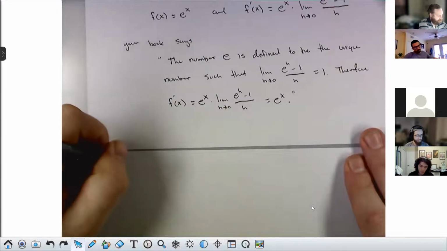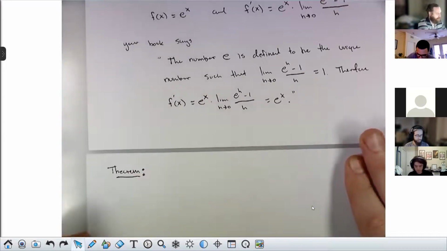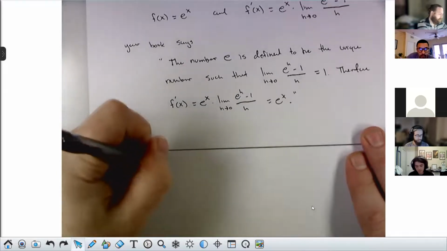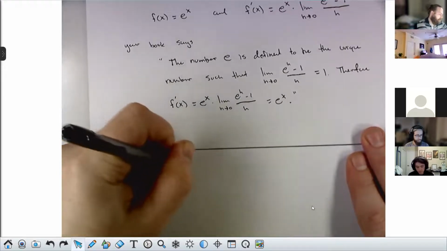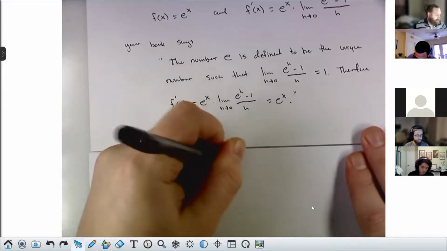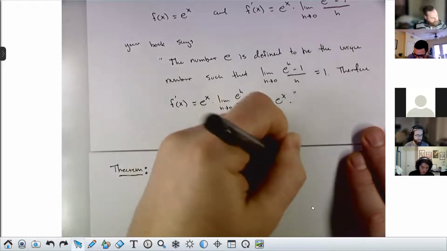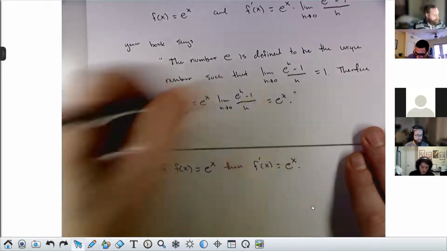Theorem. e to the x is its own derivative. If f of x equals e to the x, then f prime of x equals e to the x.